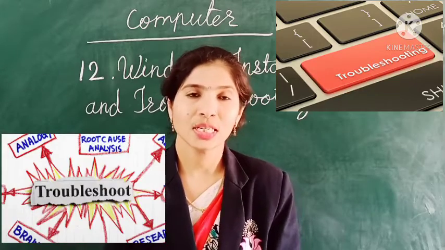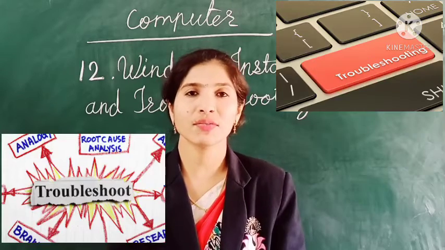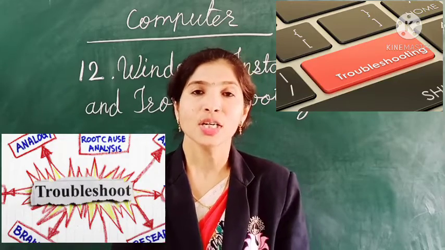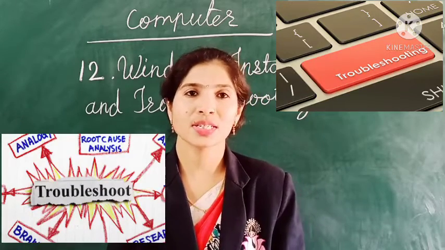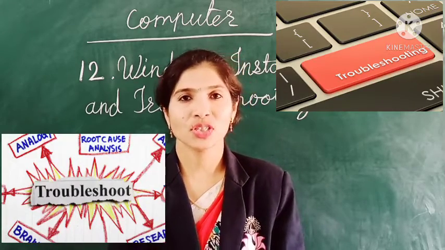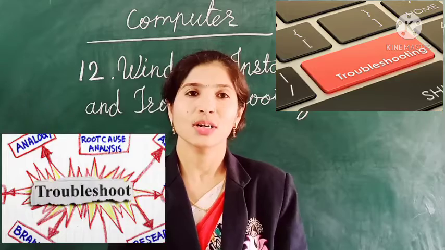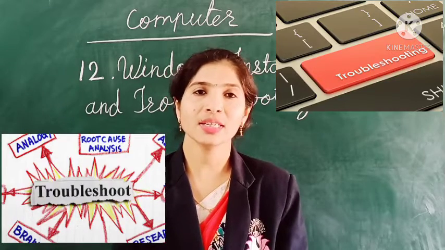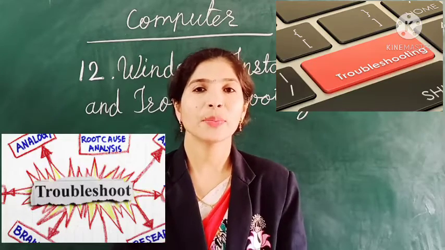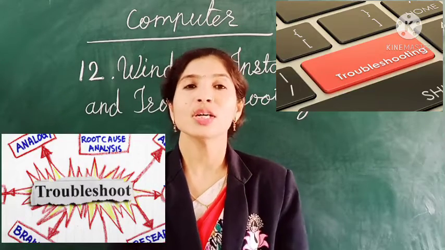Now, we are going to see troubleshooting. In general terms, troubleshooting refers to problem solving, which is often applied to repairing products, processes or systems. In computer terminology, troubleshooting often involves the process of determining and resolving any problem related with computer hardware and software.